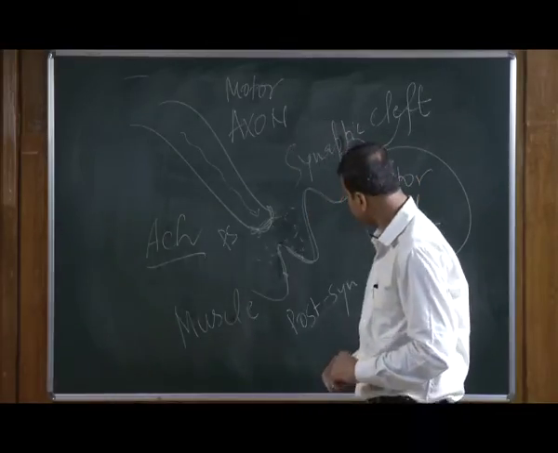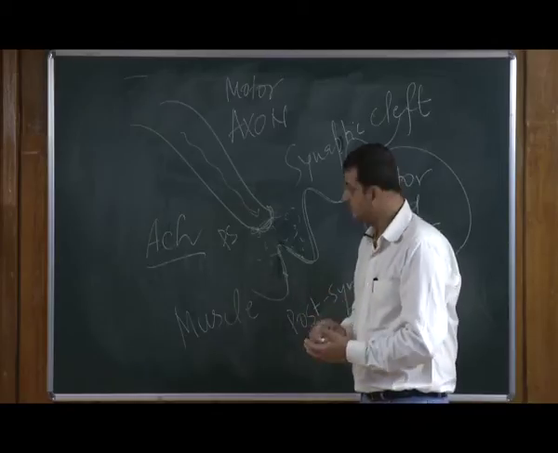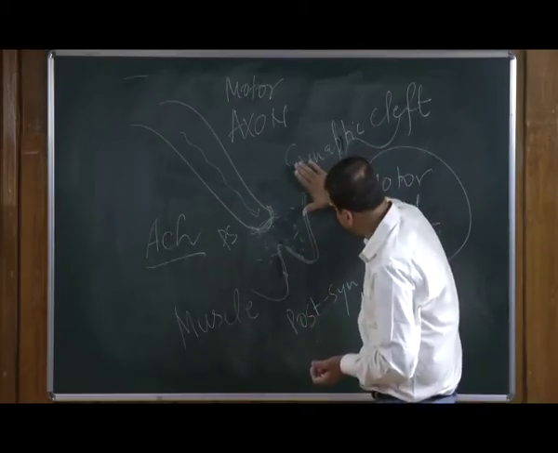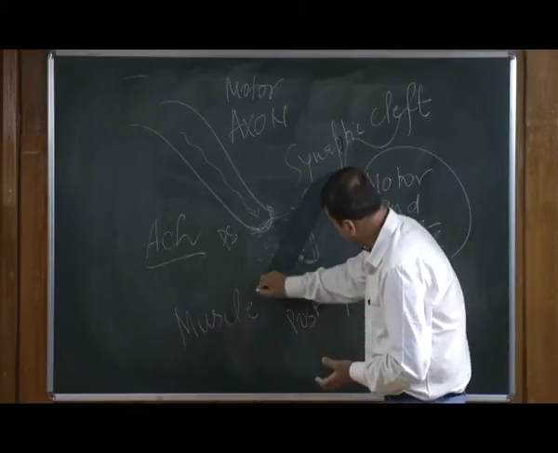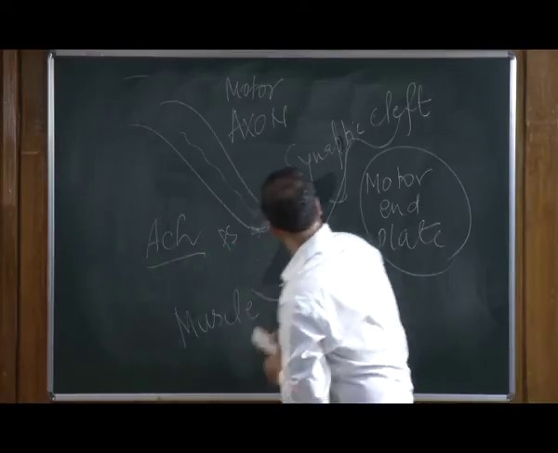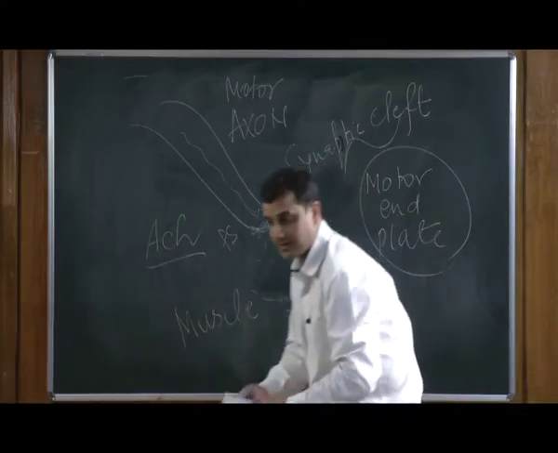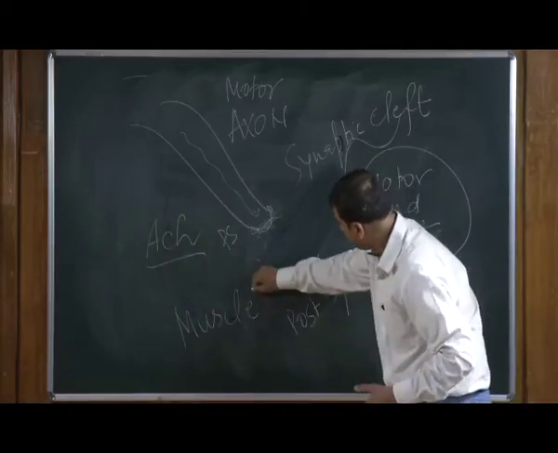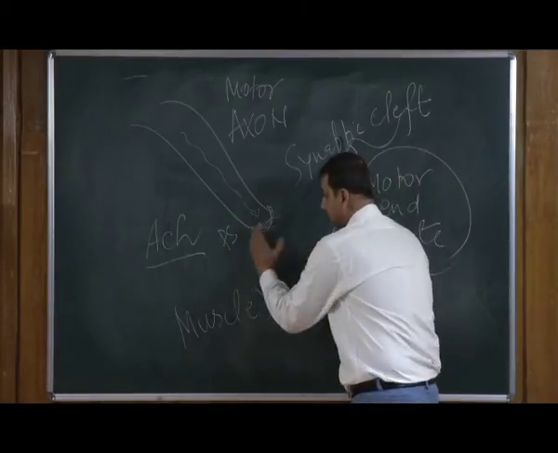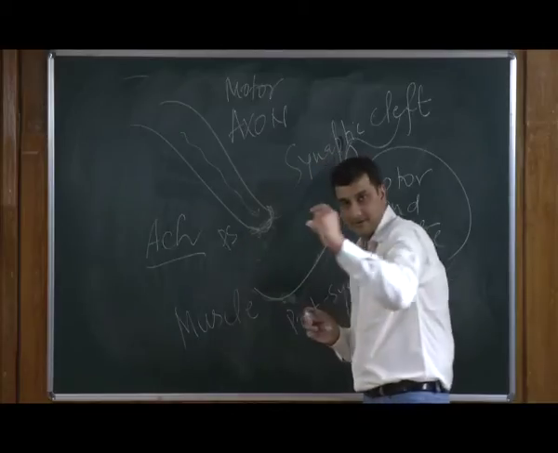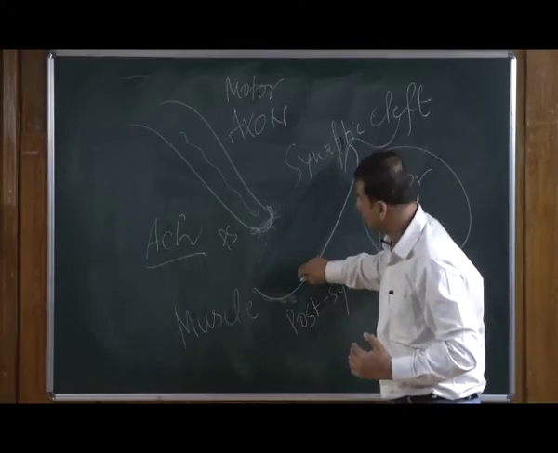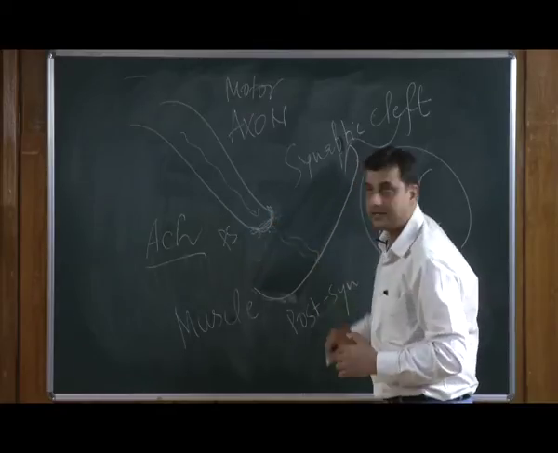Second, there are chances that this whole folded area becomes flat. The synaptic cleft, which was small earlier, is now like a flat area. The whole distance, which was earlier very small, becomes very large, and if it is very large, the impulse may not transmit properly.